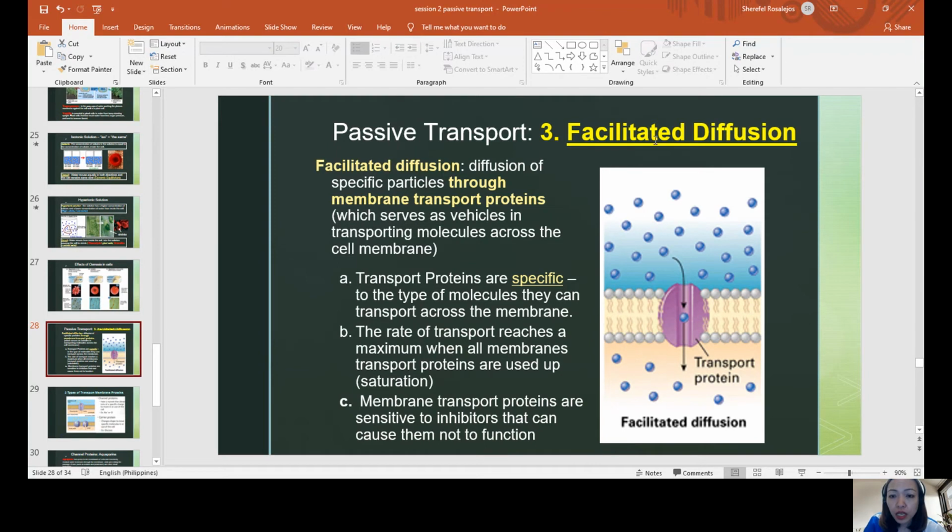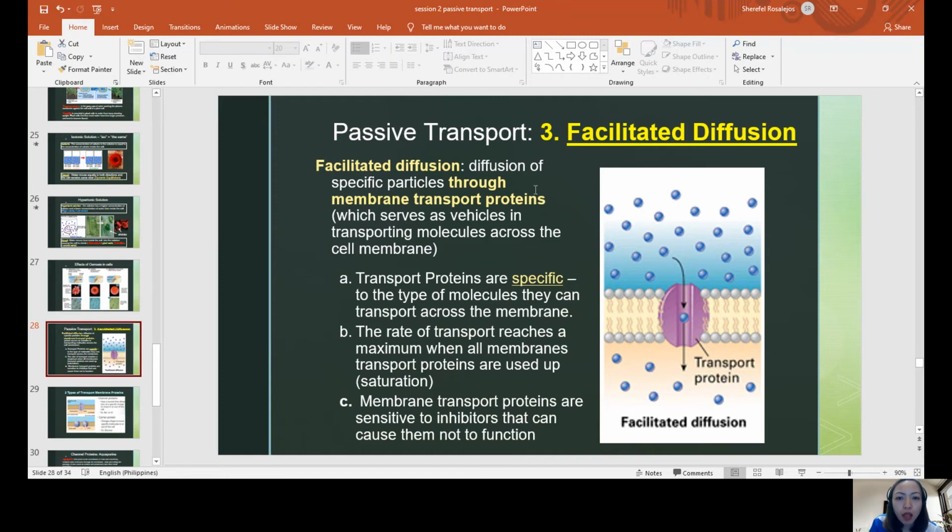The only difference here is that there are integral proteins that facilitate. So in passive transport, there are gatekeepers, there are gateways, that assist the pathway of the molecules here.